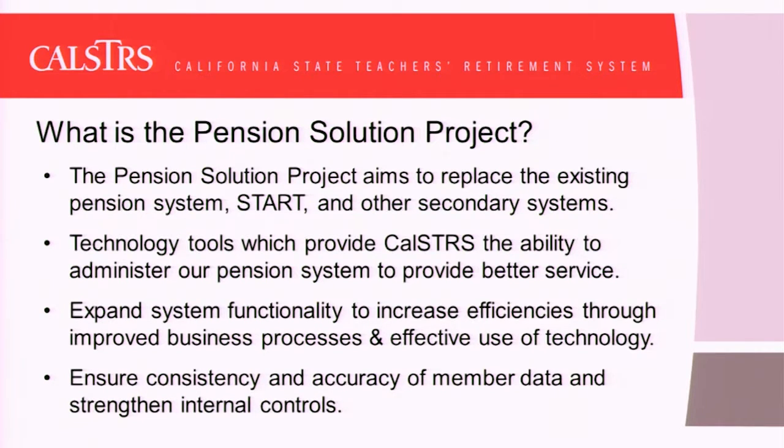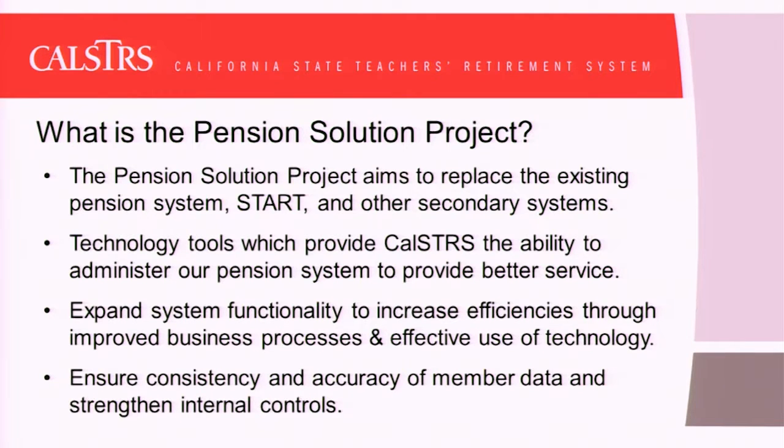Some of the primary benefits for doing that will bring in a new technology platform. It's going to allow us to better administer, be a little more flexible and nimble. Also with the solution that's coming in, it's going to extend or bring in some additional system functionality. It will also allow our business to look at areas for process improvement and places where we can extend service and give more value to our members.